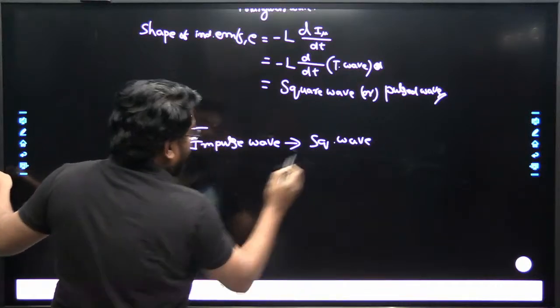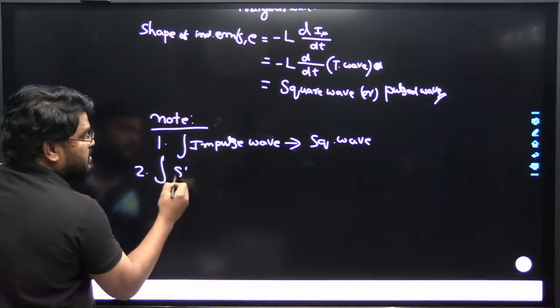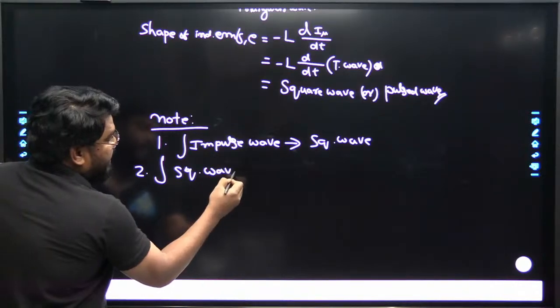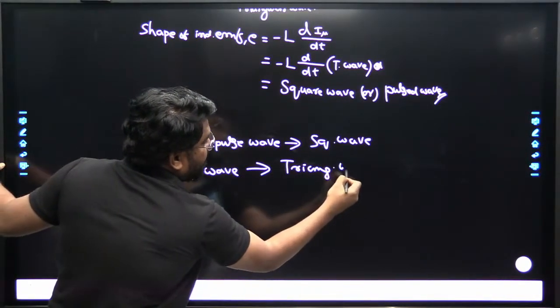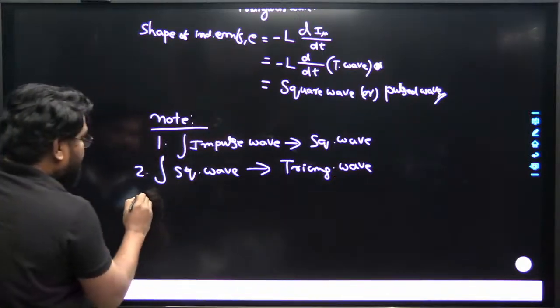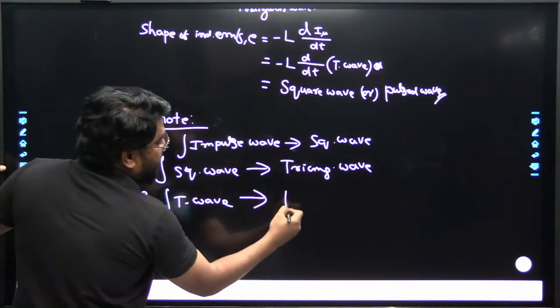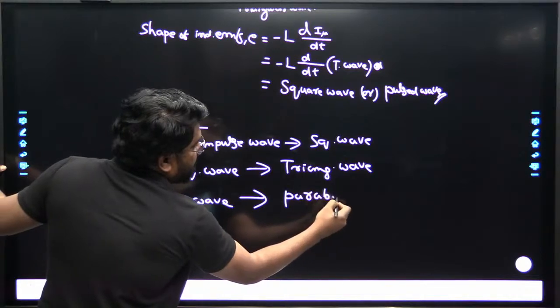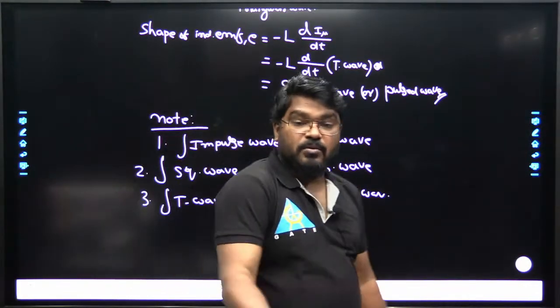Integration of the square wave gives a triangular wave. Integration of the triangular wave gives a parabolic wave. This data is required to answer this type of question.